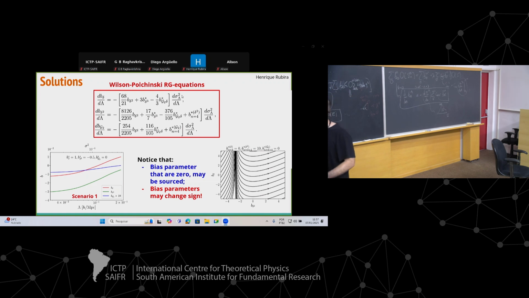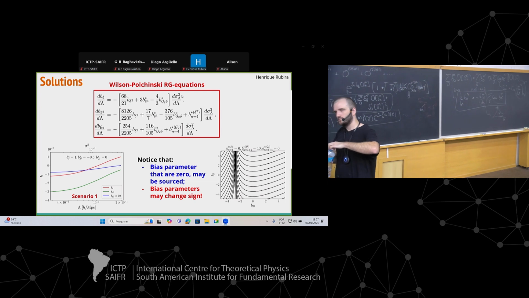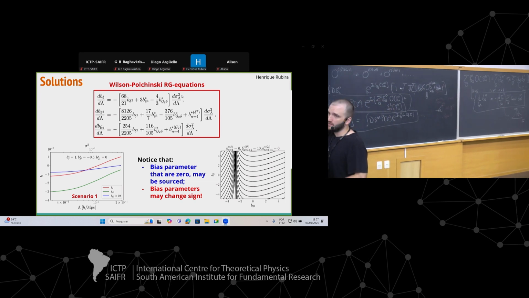The bias parameters have a very clear physical meaning, right? You can measure them, at large scales, almost independently of damping. So it's not that they can change; the bias parameters have a very clear physical meaning on large scales, as you said.